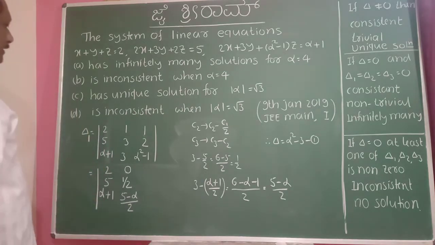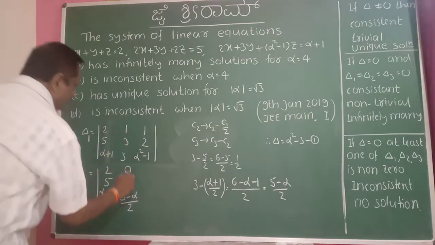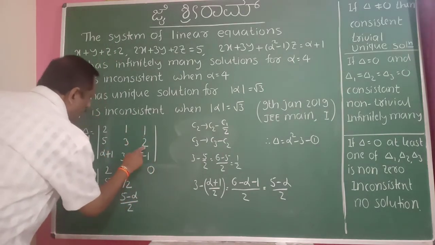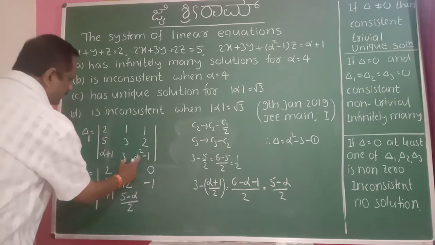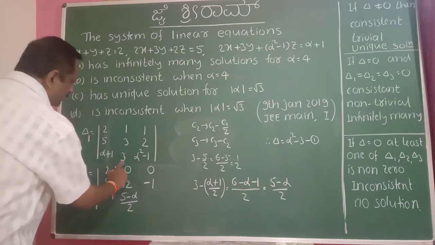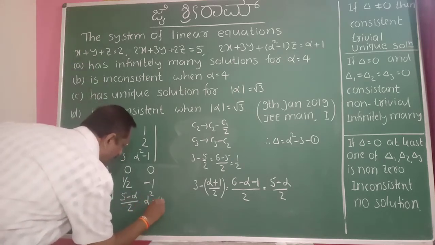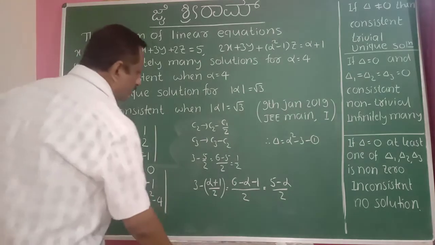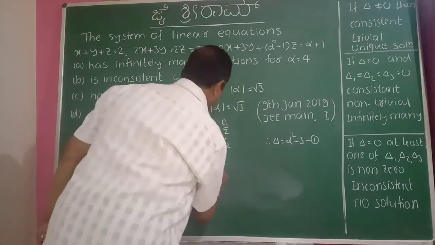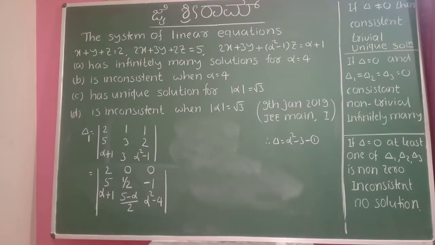Then C3 minus C2 means 1 minus 1 becomes 0. 2 minus 3 is minus 1. Then this minus this: minus 1 minus 3 gives minus 4, so alpha square minus 4. Now expand the determinant.